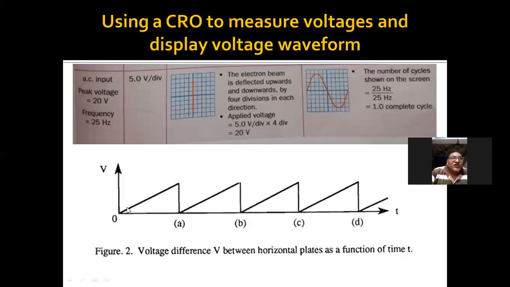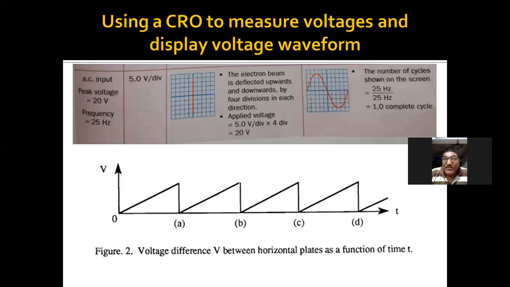This kind of voltage is provided to the X plates. On the Y plates, you connect the voltage whose waveform you want to make on the CRO screen. But to the X plates, the voltage is provided in this shape, called sawtooth shape voltage.